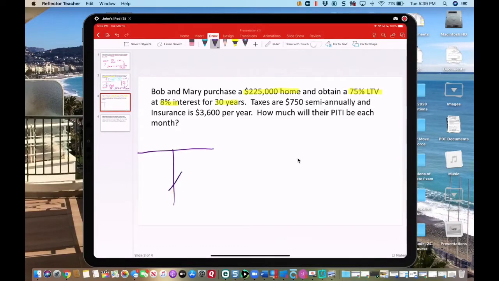Now remember, we work our T, put our math symbols on there: total, percent, part. They purchase a $225,000 home, and they get a 75% loan to value. John says move your decimal over 2 places, so that's 0.75.